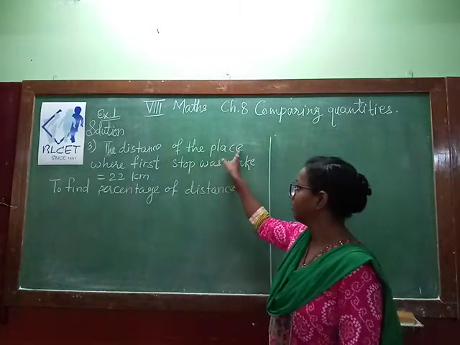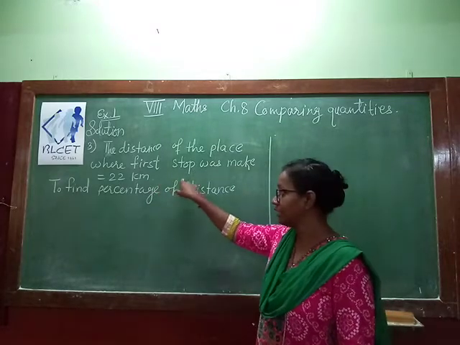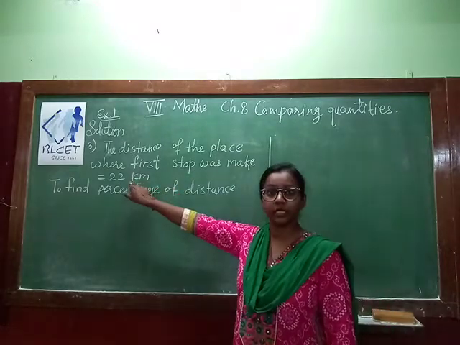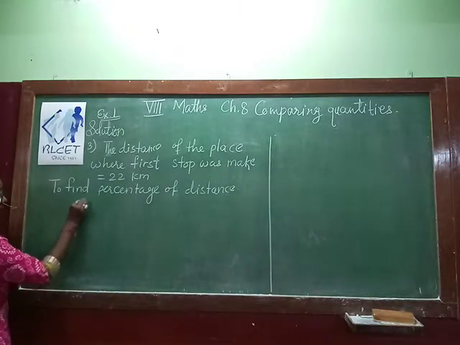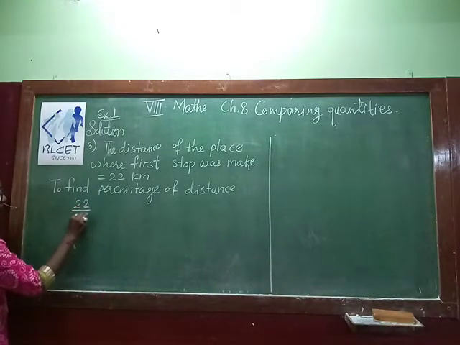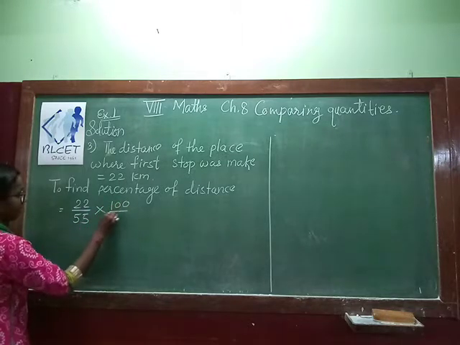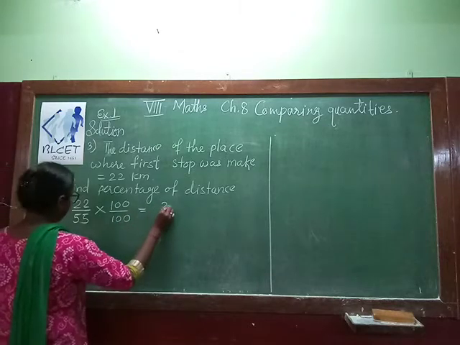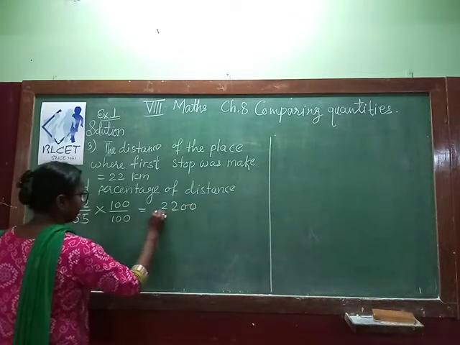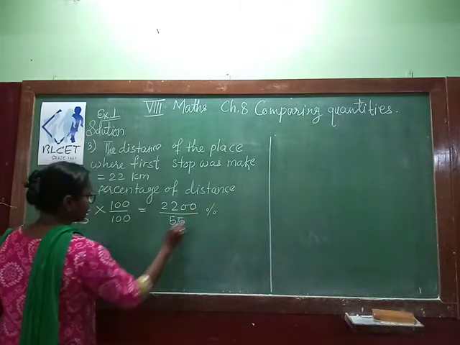The distance of the place where the first stop was made is 22 kilometers. So we want to find what percentage this is. We know that it is 22 kilometers out of 55 kilometers. So we will find the percentage for this by multiplying by 100. So which is equal to 2200 divided by 55 percent.